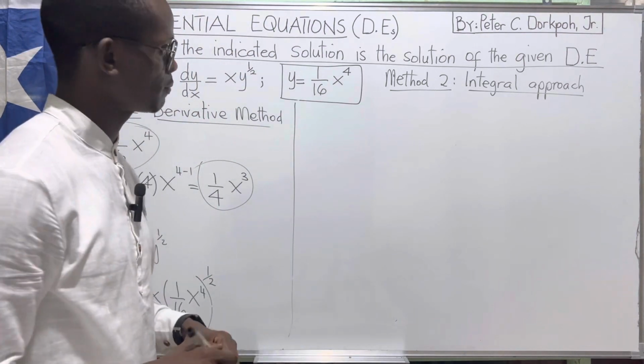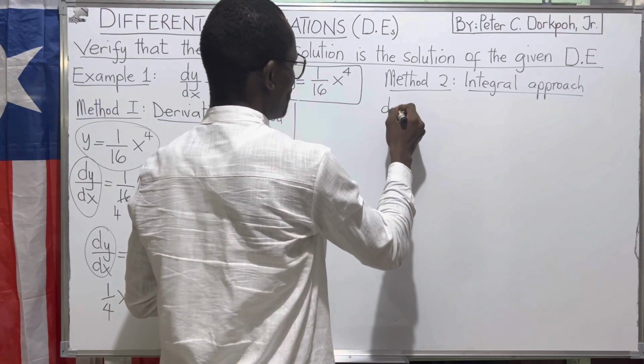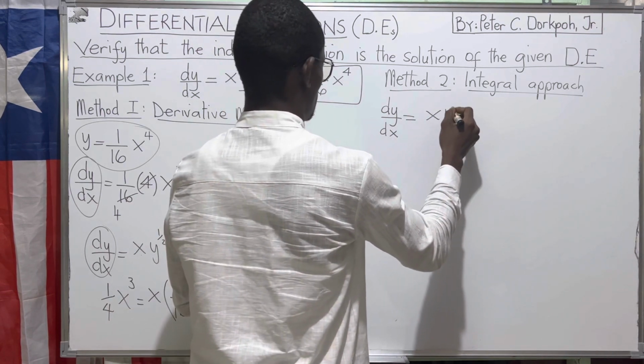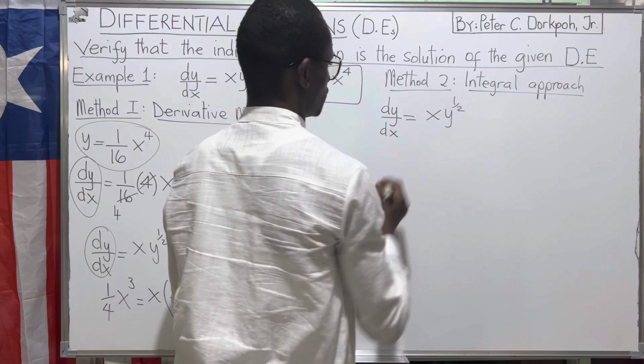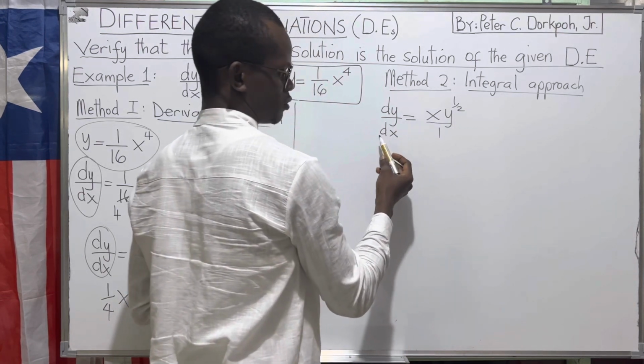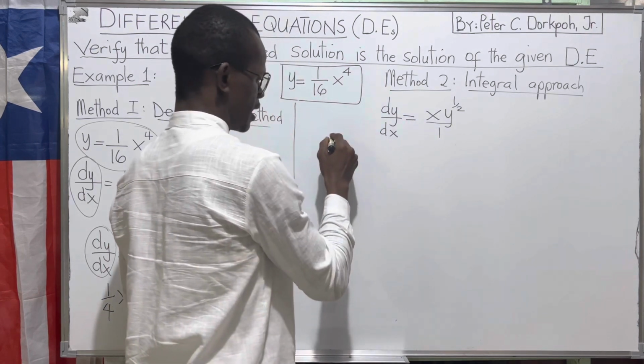So now we're going to use the derivative portion. We have dy by dx equals x times y raised to the power half. So what can we do? We can cross multiply: dy times 1, so dy times 1 is dy.